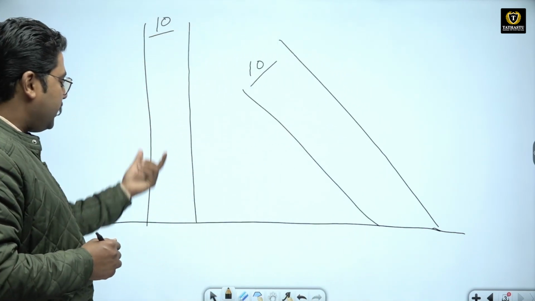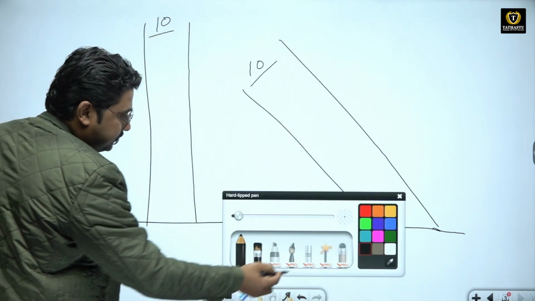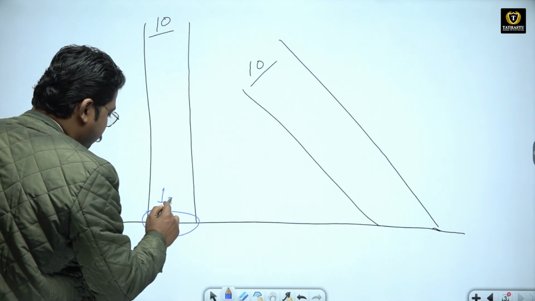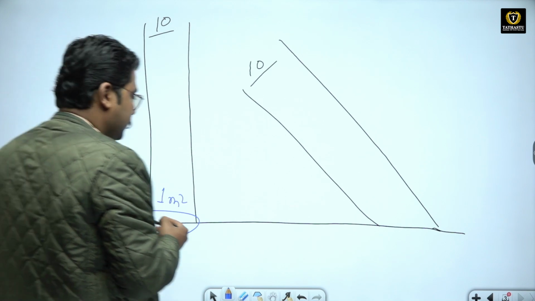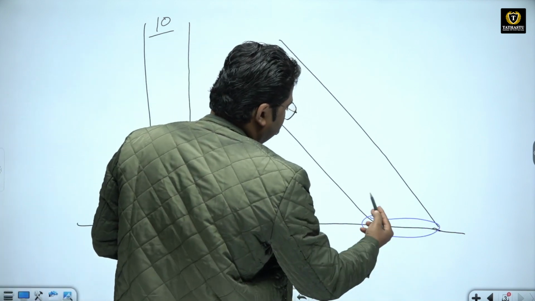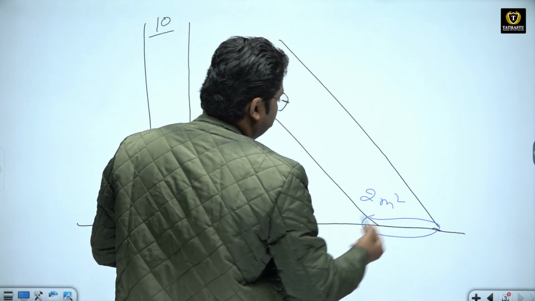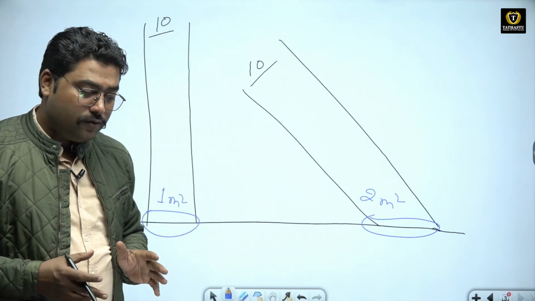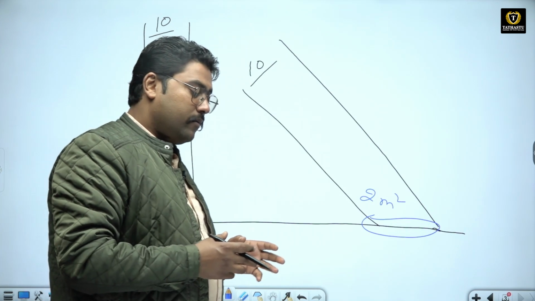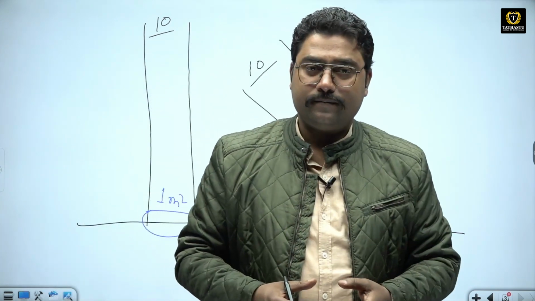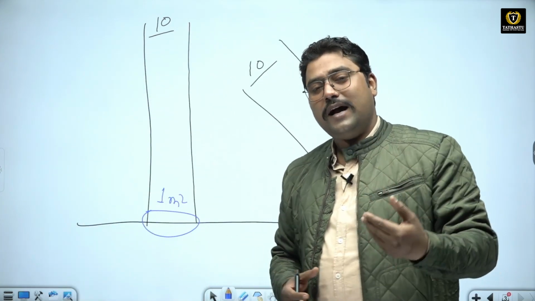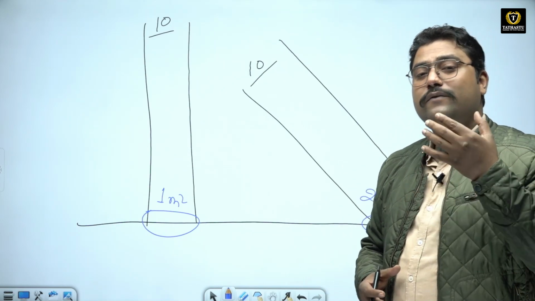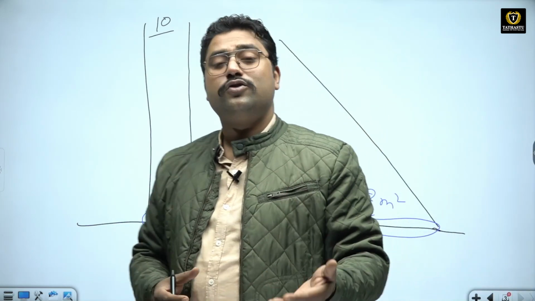Suppose the vertical rays are covering 1 square meter and the oblique rays are covering 2 square meters. For horizontal rays, the area will increase. Now the most important thing is the effect of which rays, which will be heated fast and more, and which will be heated less.